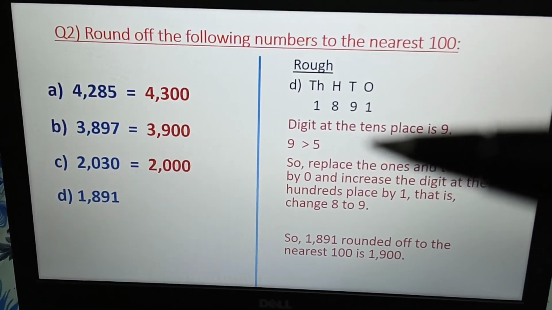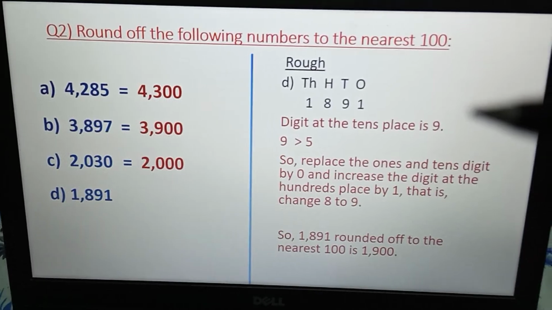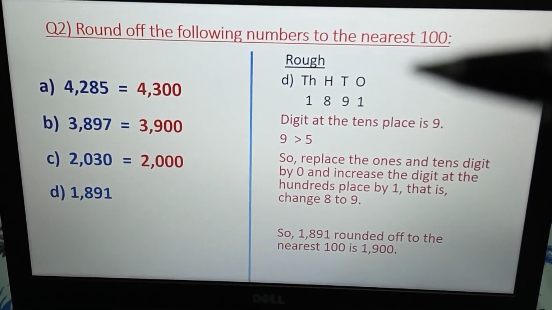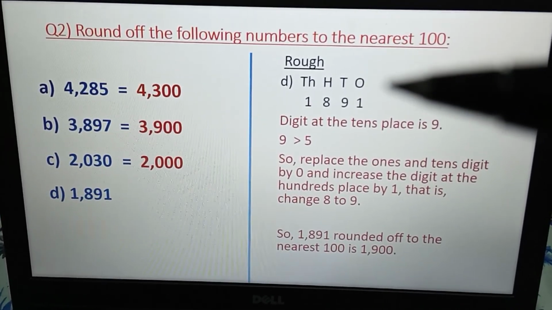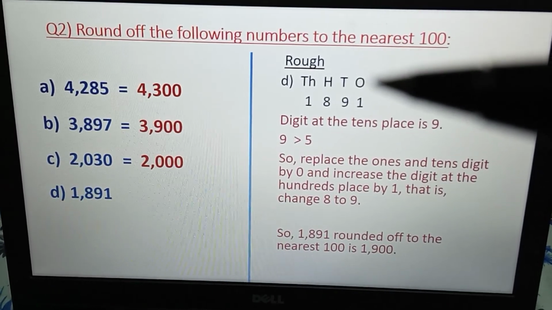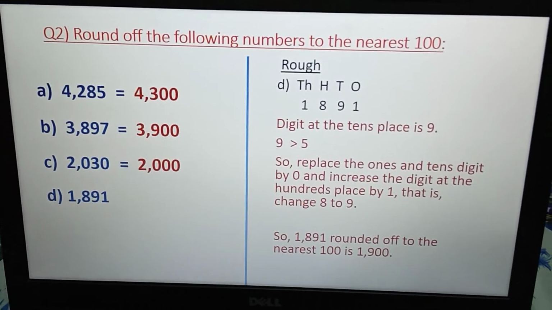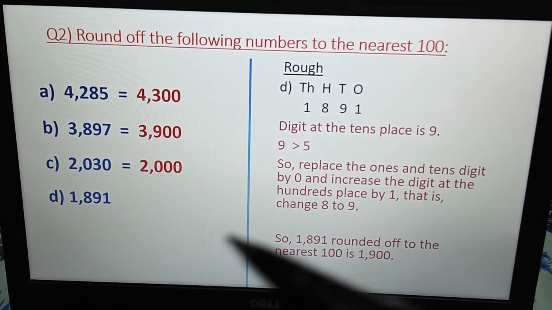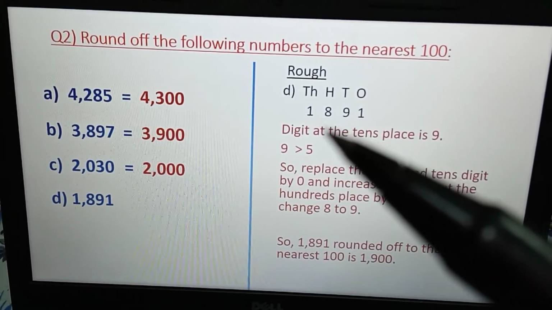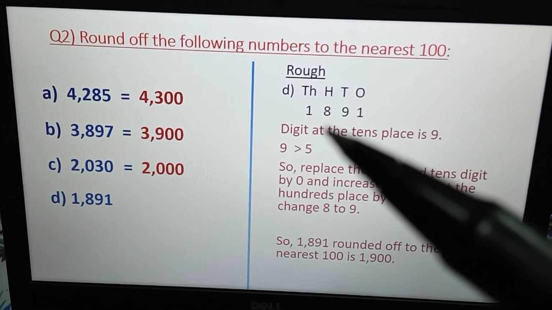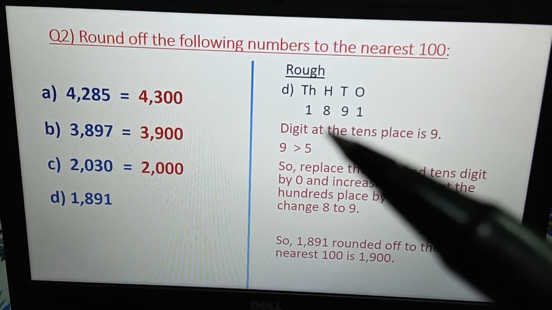9 is more than 5. So what will we do, children, in this case? Again we will replace the ones and the tens place digit by 0. And the hundreds place digit will be increased by 1. What digit is there at the hundreds place? It is 8. So 8 will be increased by 1. So it will become 9.